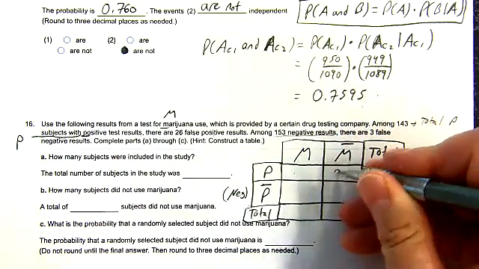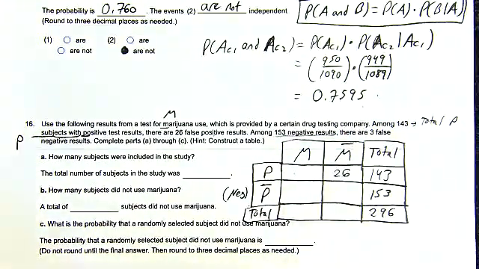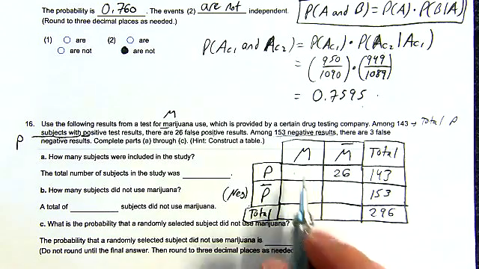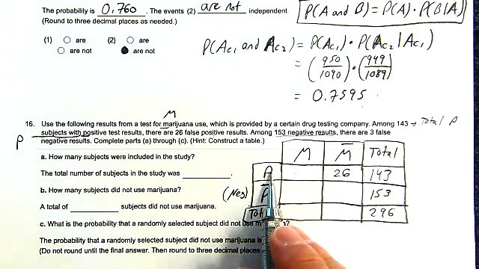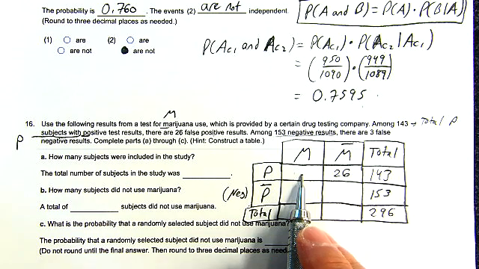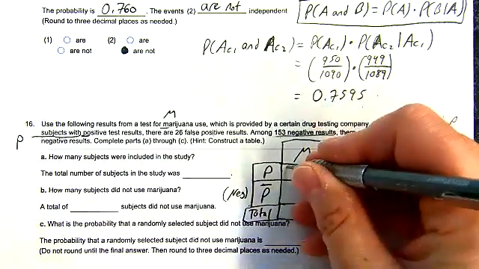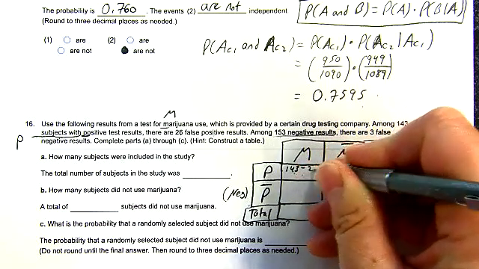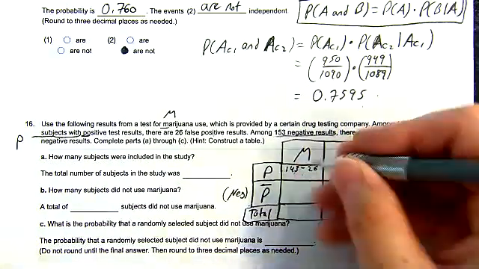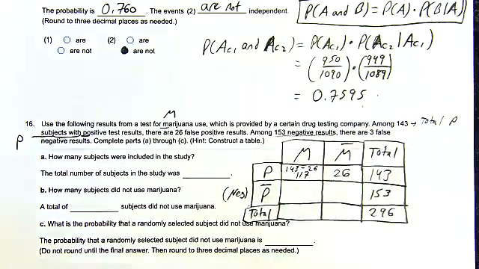So 26 would go here. Now notice that allows us to solve for how many people tested positive and did use marijuana. All you have to do is take 143 minus 26, and you'll find there are 117 people who did use it and they tested positive for it.